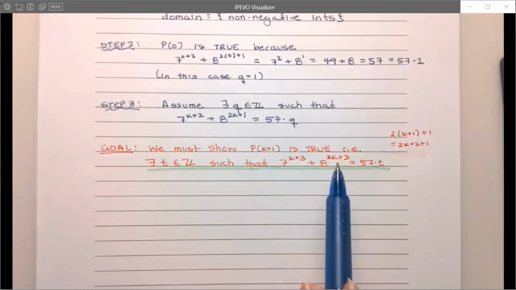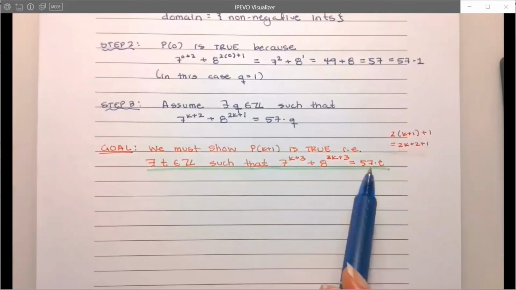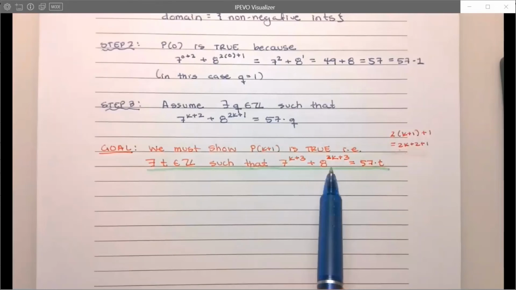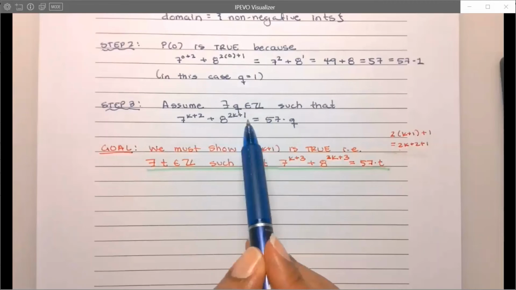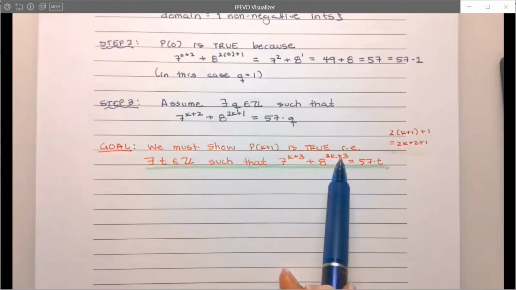But for this example, what we can do is maybe multiply both sides of the equation by 8 squared, because doing so we would have an 8 to the 2k plus 1 times an 8 squared, which means that when we add the exponents together, we'll get 2k plus 3. Okay, so this is what I mean by this.